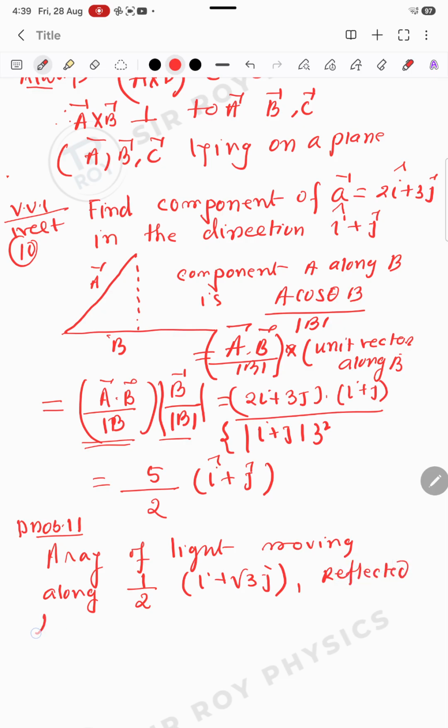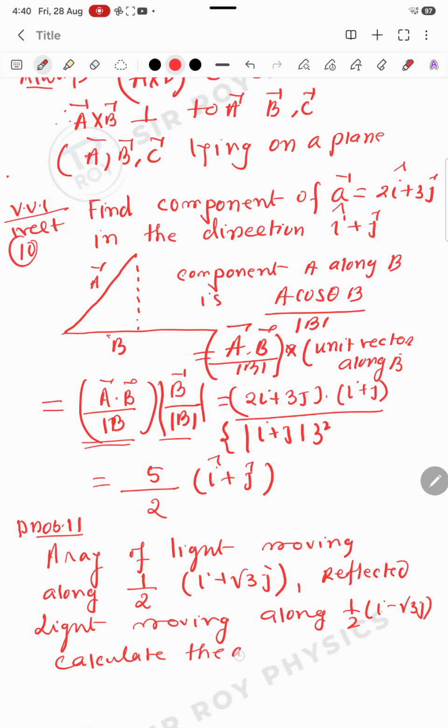Reflected light moving along half i minus root 3 j. Calculate the angle of incidence.